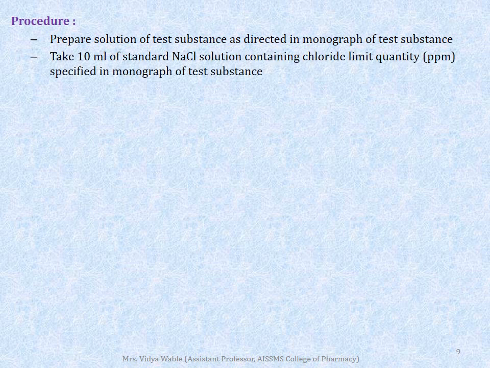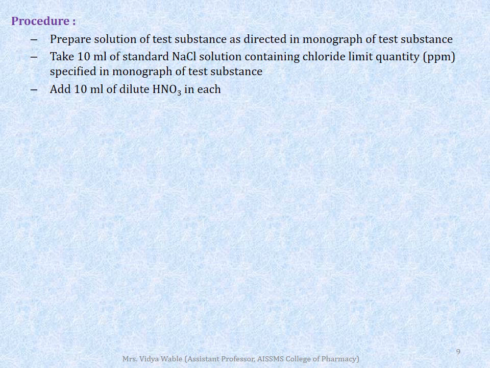The procedure to perform the limit test for chloride is that we prepare two solutions: one is the test solution and another is the standard solution. First, prepare a solution of the test substance as directed in the monograph of the test substance. Then take 10 ml of standard NaCl solution containing the chloride limit quantity, that is ppm, specified in the monograph of the test substance. The remaining reagents are common to both test and standard.